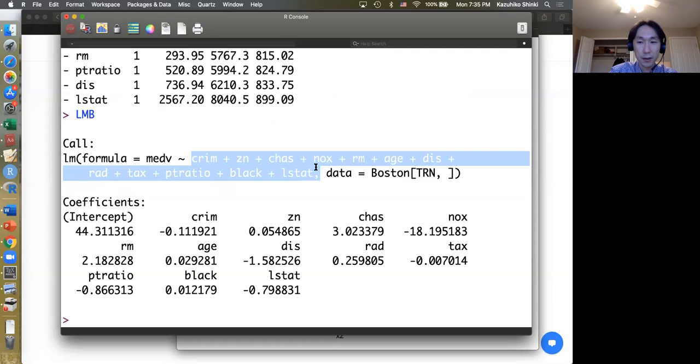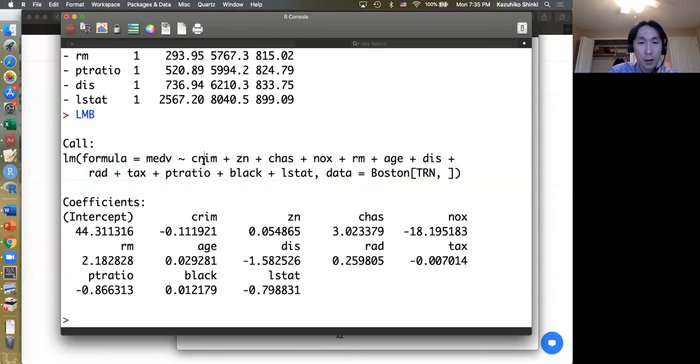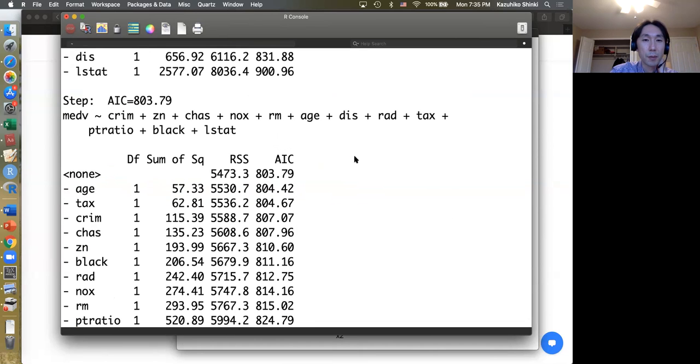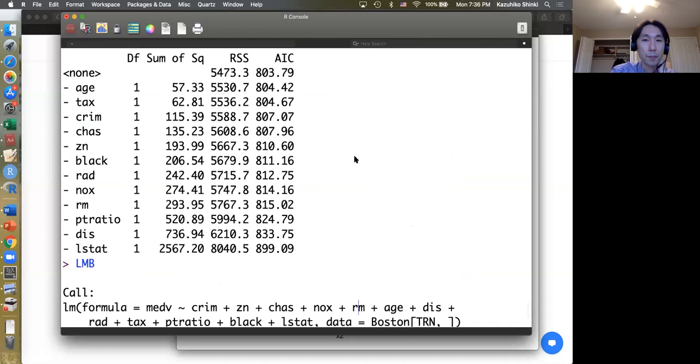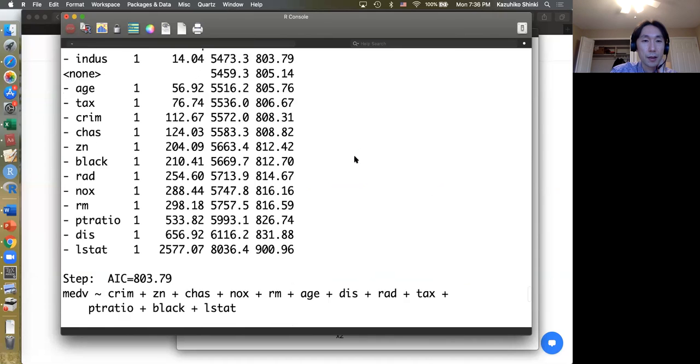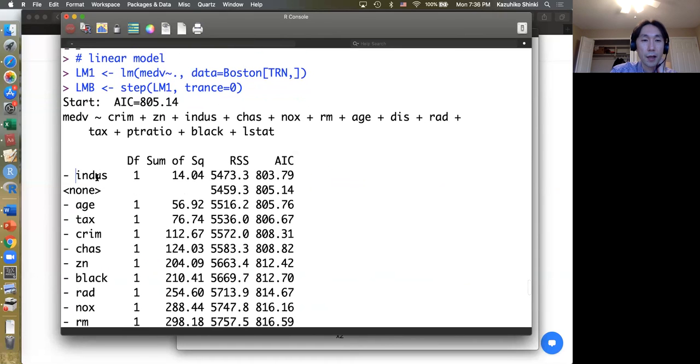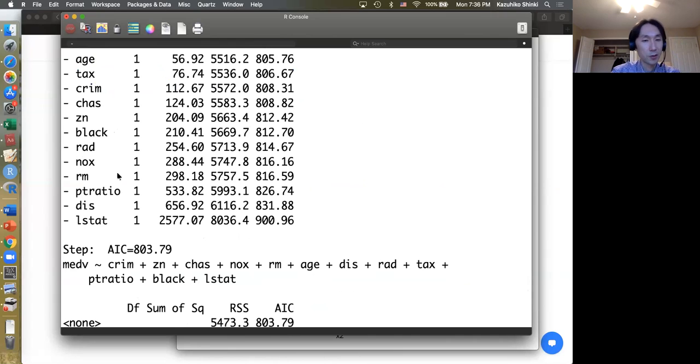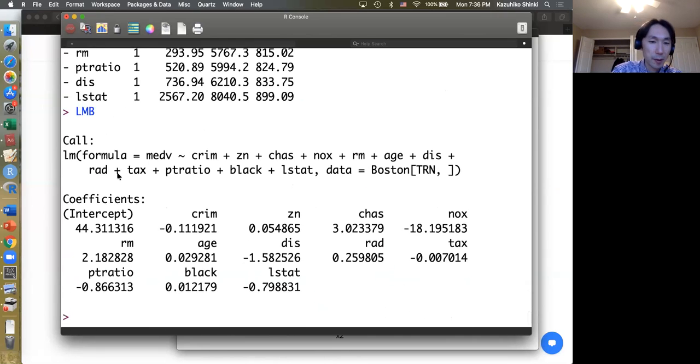Which one was dropped? Looking at the list: crim, zn, age, rm, dis, rad, tax. Age has not been dropped. The original model had one more variable, indus, which is probably the proportion of land used for industrial purposes.